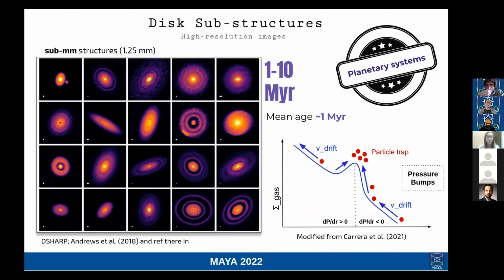Other processes are zonal flows, which involve the behavior of the magnetic fields. If you have a certain configuration of the magnetic fields, for example concentric annuli, then these can also trap dust and produce these substructures.